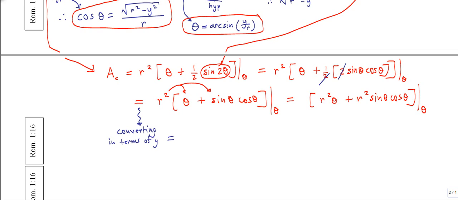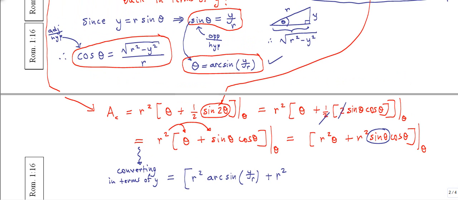So I get r squared, and theta we said is that value right there. It's arc sine y over r, plus r squared, sine of theta we said is, you can't see it right now, but it's right here.